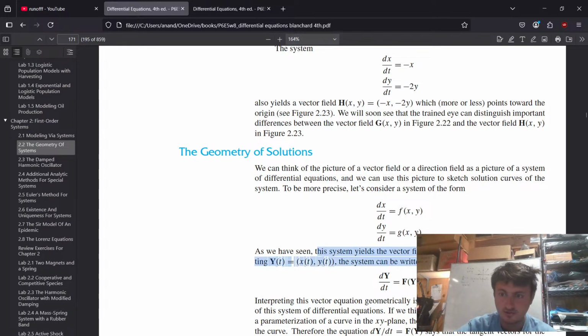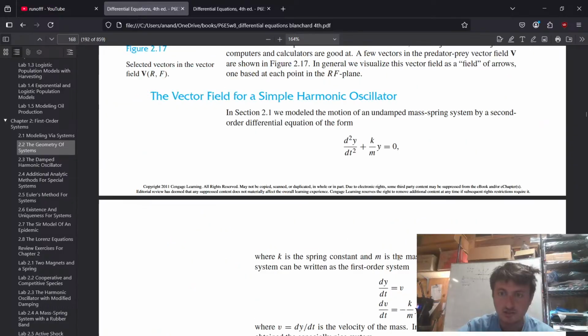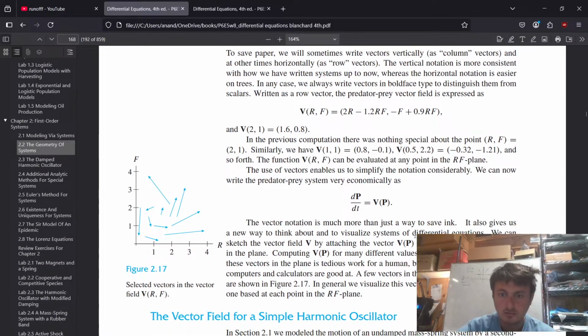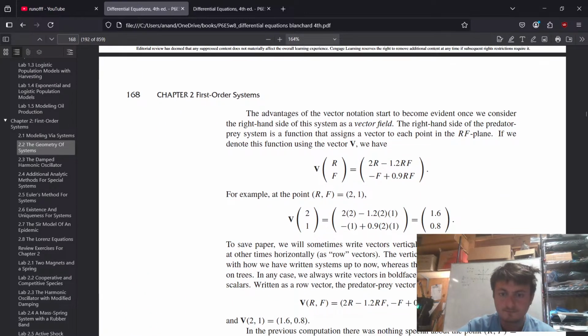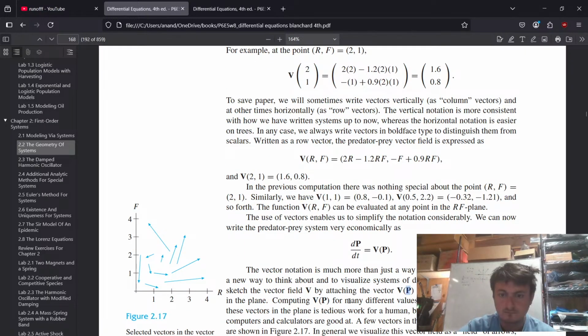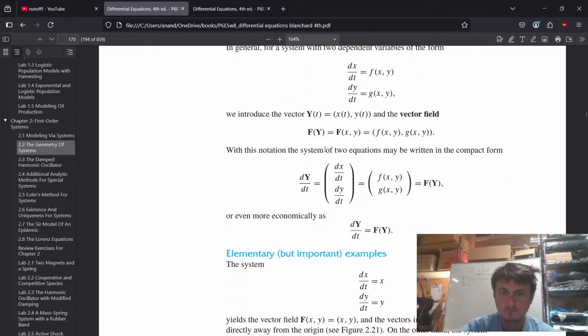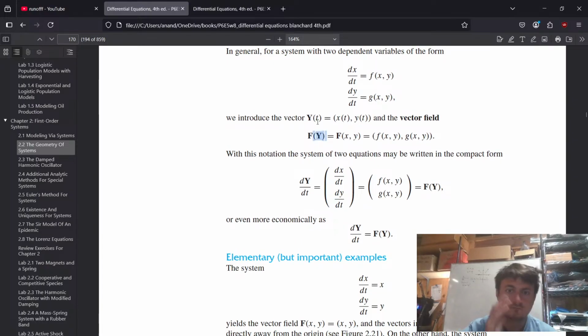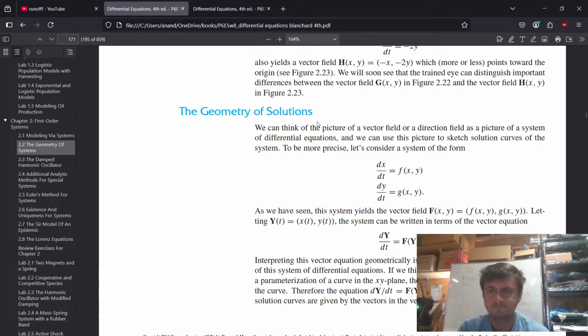As we've seen, this system yields, so when we say y, y is just the state vector, right?